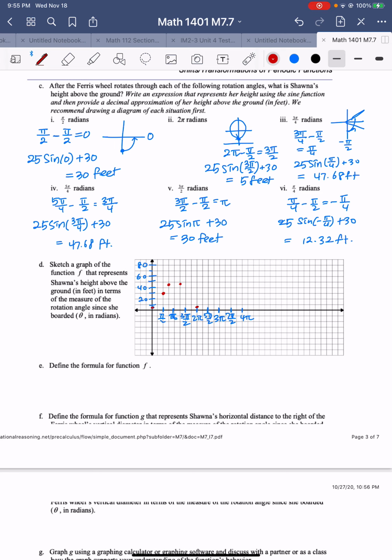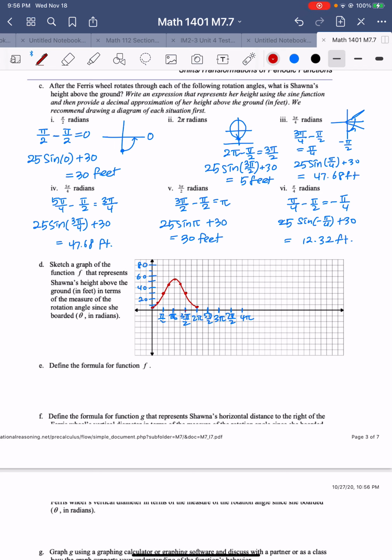And then 3 pi over 2, she was at 30. Okay. And then pi over 4, she was at the 12th position here. And when it was pi, she was at 55. So you got this.